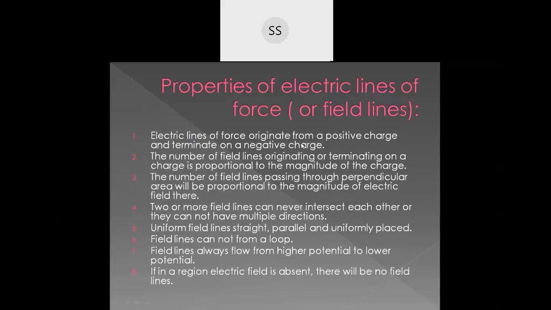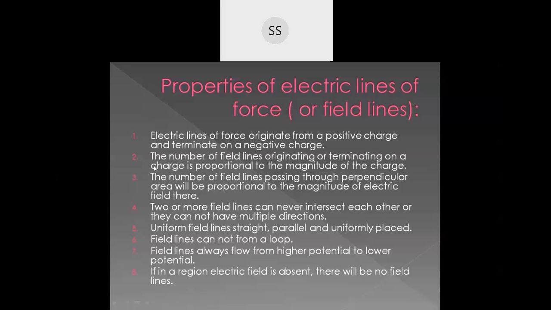These are some properties of electric lines of force or electric field lines. Electric lines of force originate from a positive charge and terminate on a negative charge, because for the positive source charge the direction is outwards, and for the negative charge the direction is inwards.